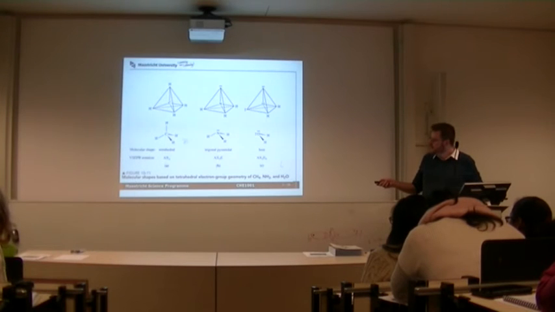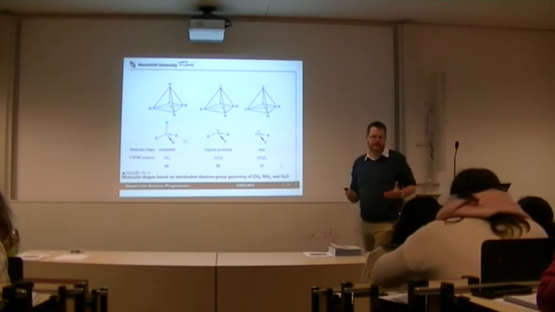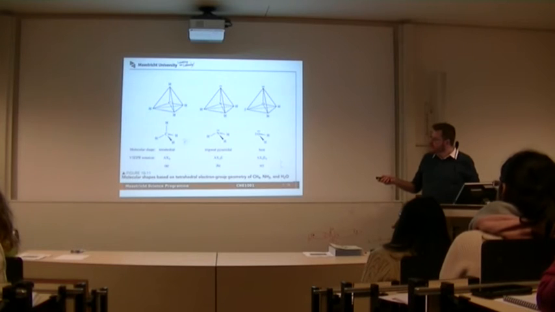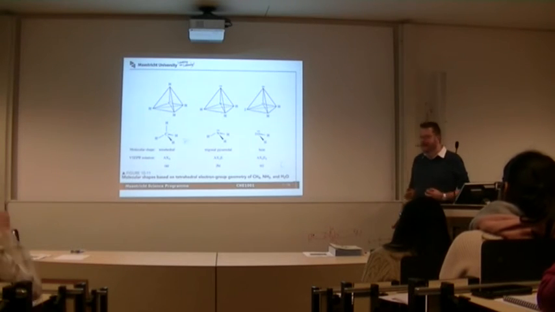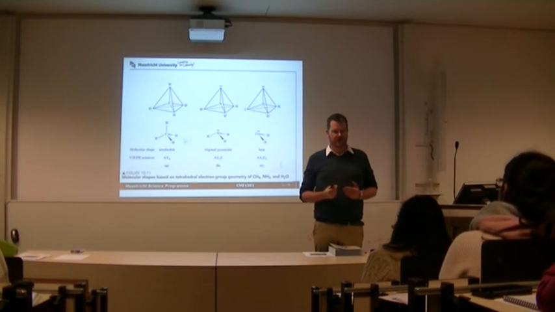But notice it's the same number of electron pairs. All of these have an electron pair or electron group geometry, which we call tetrahedral. That's the electron pair geometry.